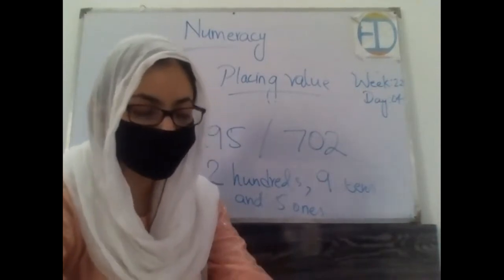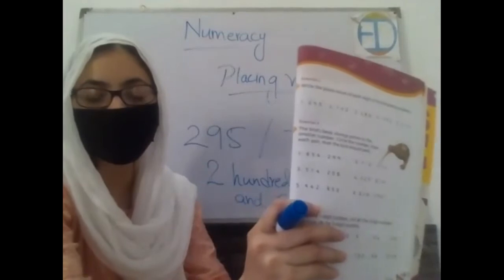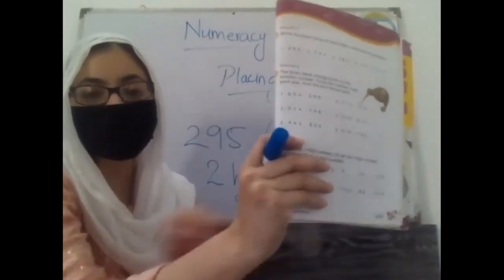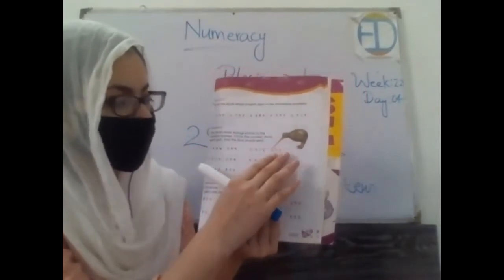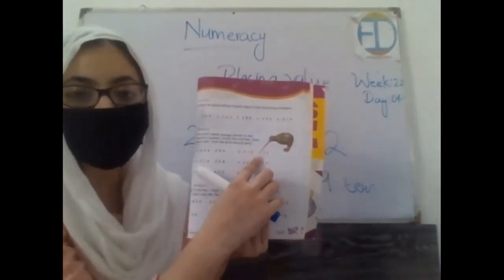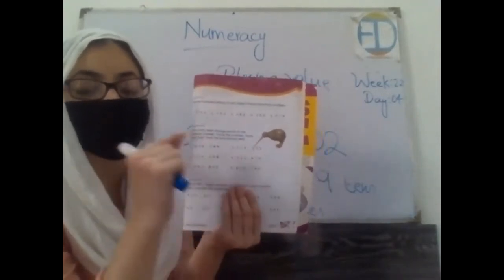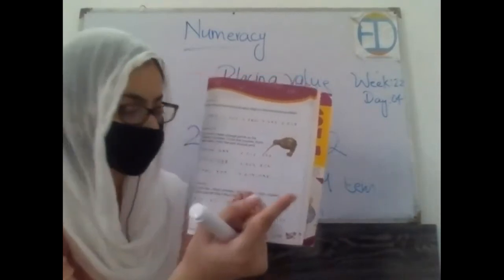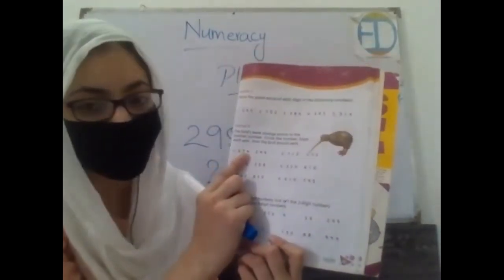Now, the next exercise in your book. I want all of you to please open page 115. There is a bird, and the beak of the bird is always pointing toward the smaller number. A pair of numbers is given to you, and you're supposed to choose the smaller number, okay? Who is going to tell me which is the smallest one in the first pair?